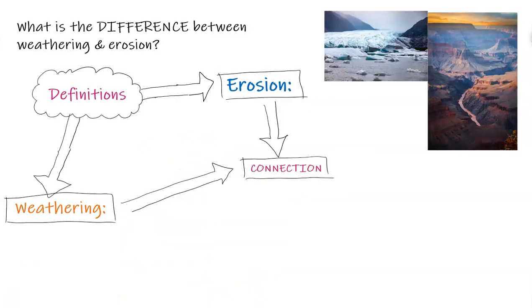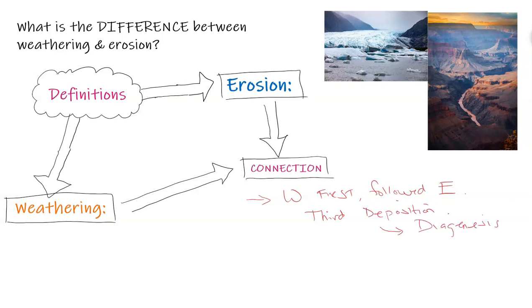So connections. As I've said before, weathering comes first, followed by erosion as a second. Then we get, obviously, a third, which would be deposition. And then you'd start the sediments going through the process of what's called diagenesis, which is the stages of forming a sedimentary rock. Now, how it gets tricky?